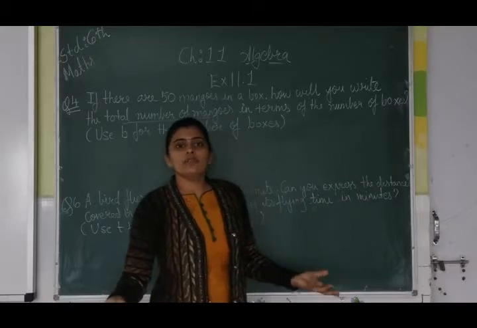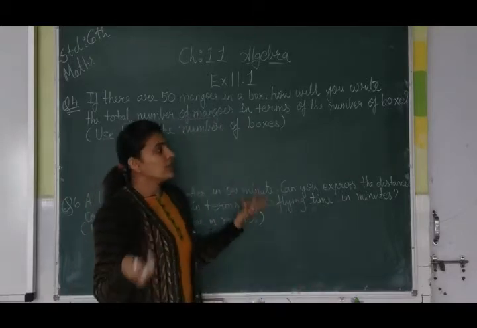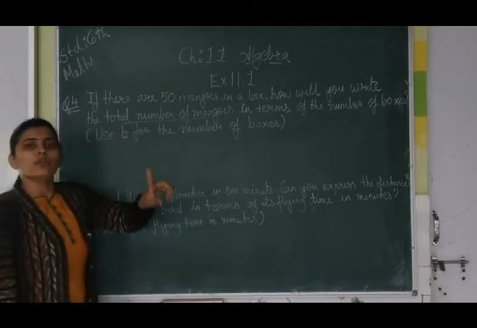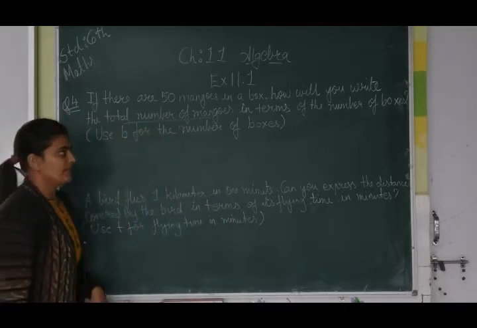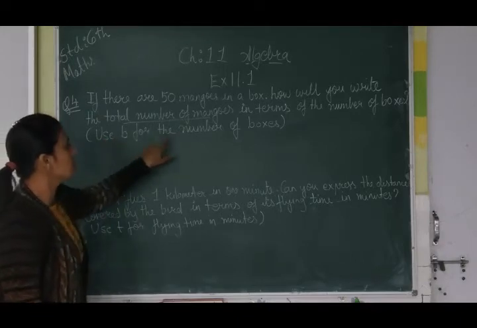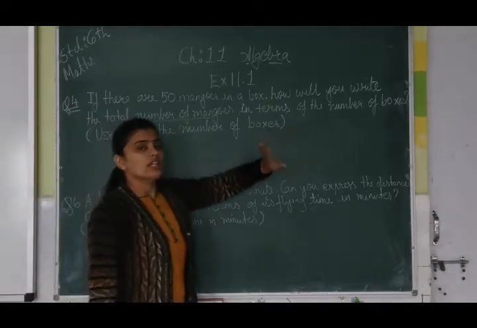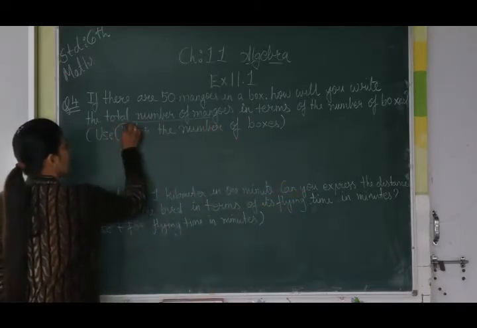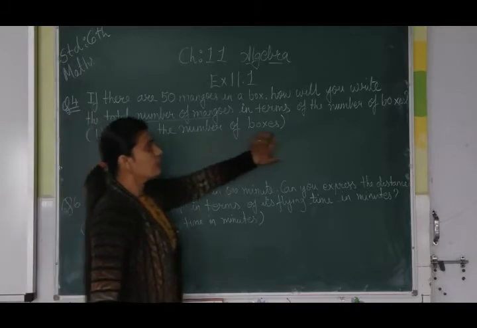We don't know how many mangoes are there and how many boxes are there. But only it is given that in one box, 50 mangoes are there. And one other thing is given: use B for the number of boxes. Now here the variable is already given, that you have to take B for the number of boxes.